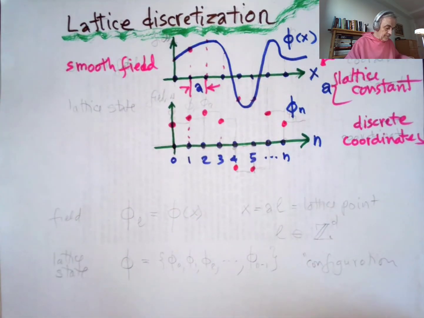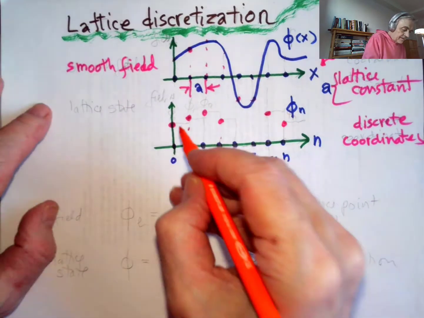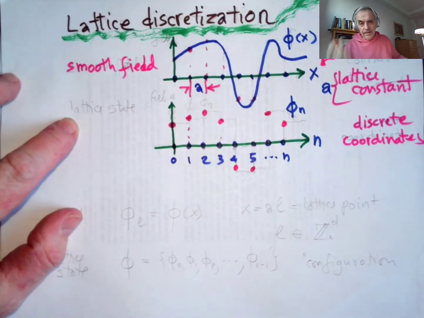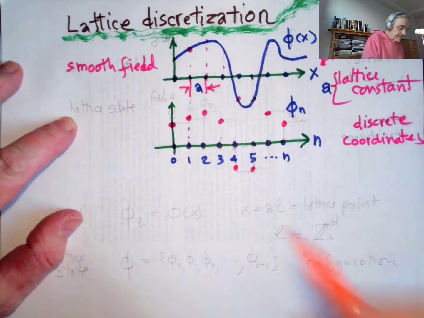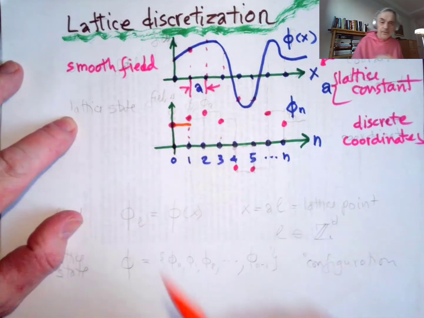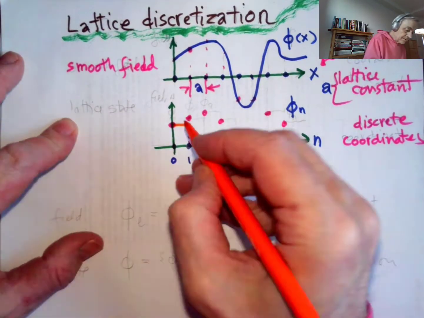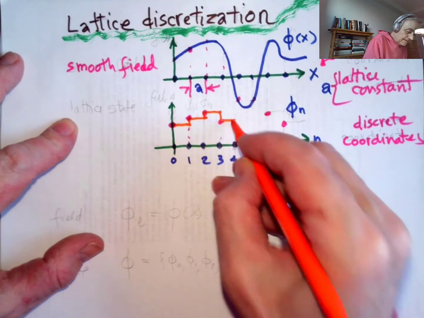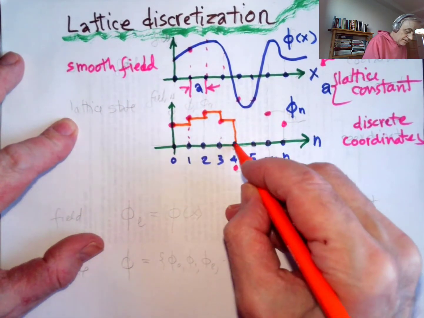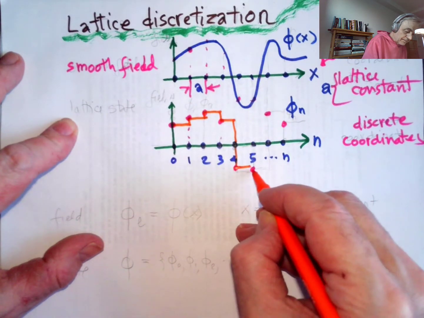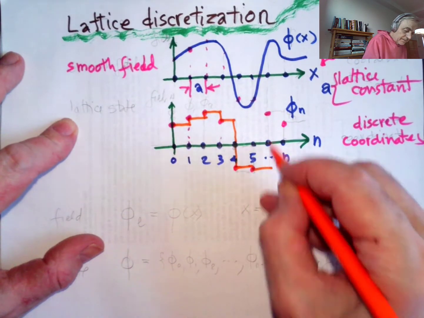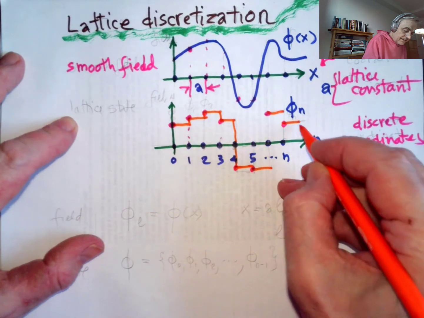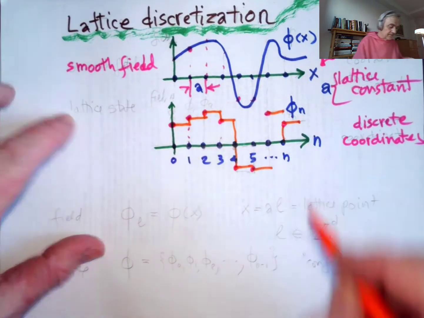And now what you have is a discretized, in the Euler case, a staircase. Remember, you did this when you were learning how to integrate. There's a staircase, and on each interval, or at each point, depends how you want to think about it, the field has a constant value over the interval.